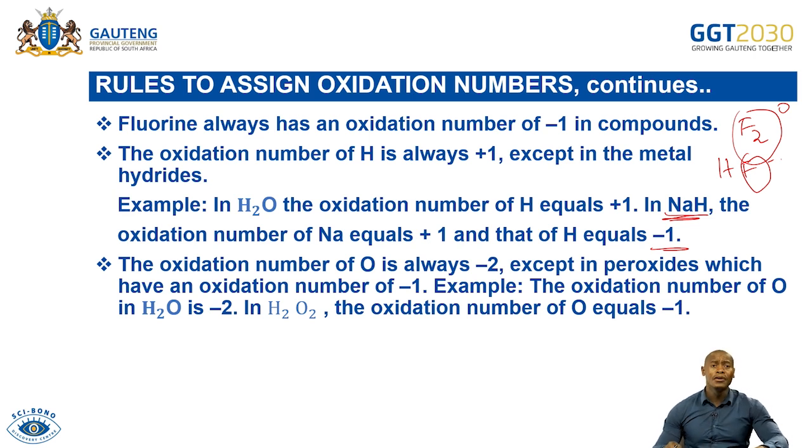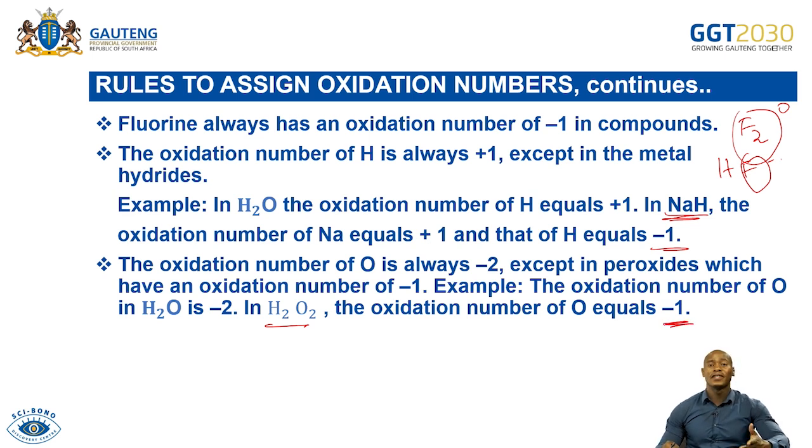Then the oxidation number of oxygen is always -2, except in peroxides. For example, when you look at hydrogen peroxide. In almost all the cases, the oxidation number of oxygen is -2, but when it comes to hydrogen peroxide, you can see it's -1.